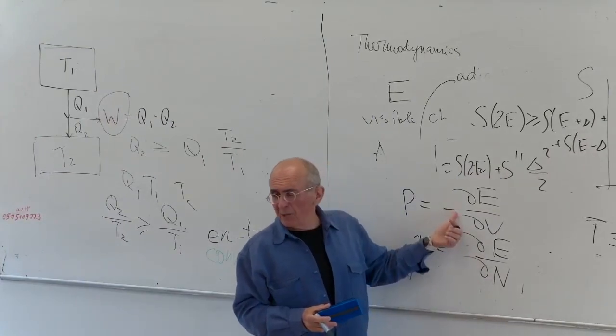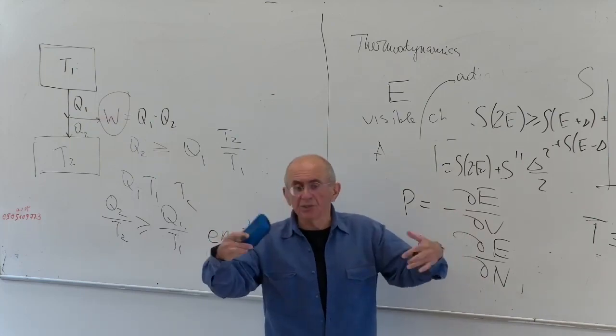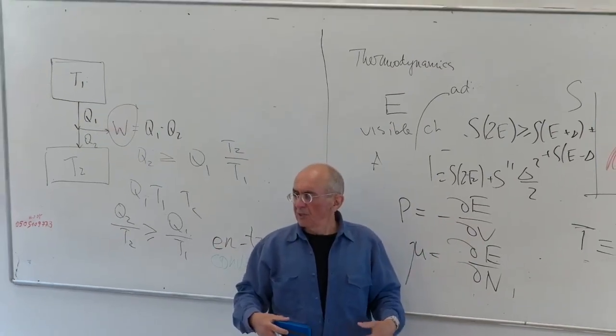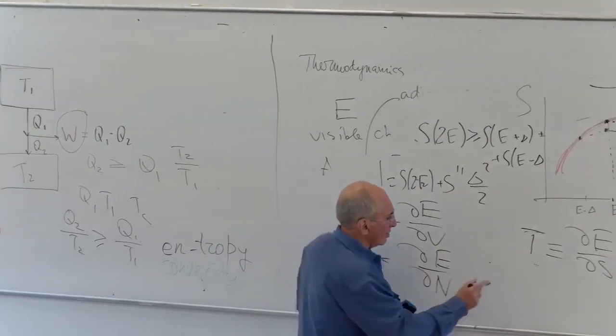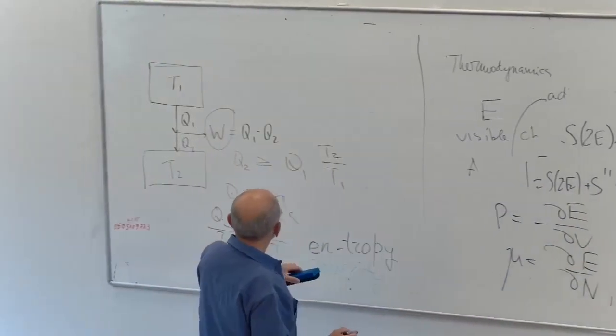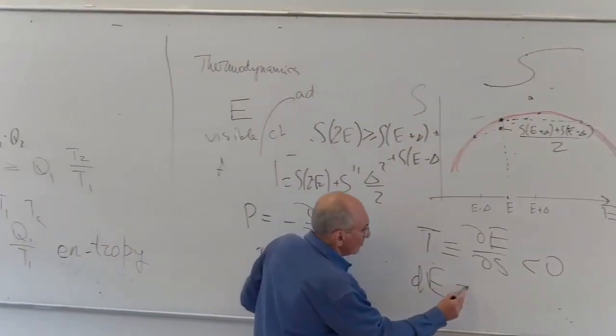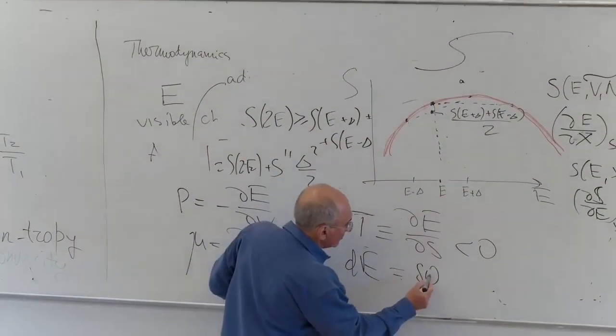The volume one is with a minus because you assume that if the system does work, it decreases its energy, right? So that essentially tells you that dE, which appeared in our first law of thermodynamics, which we already discussed. You remember it was.